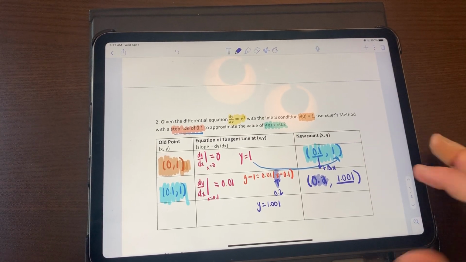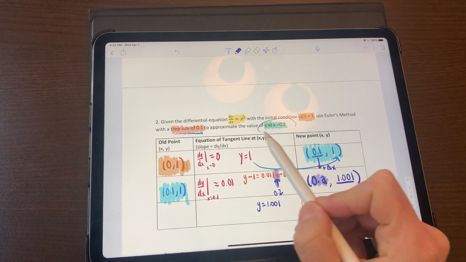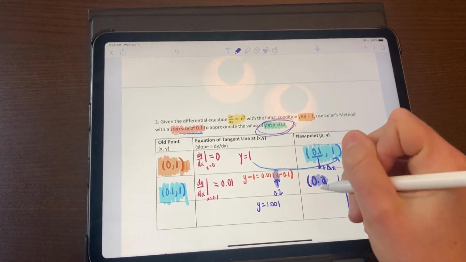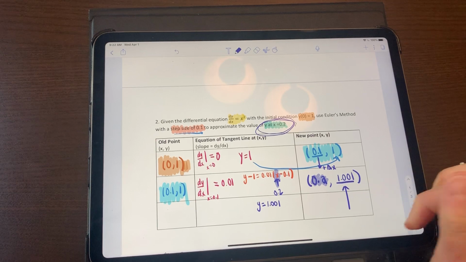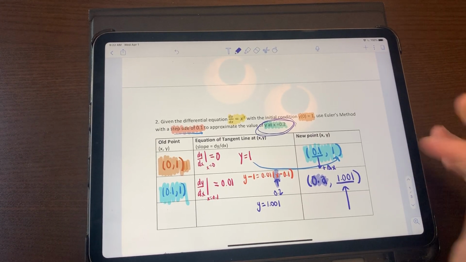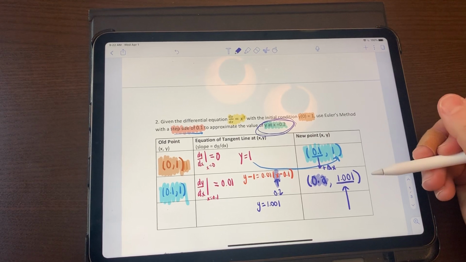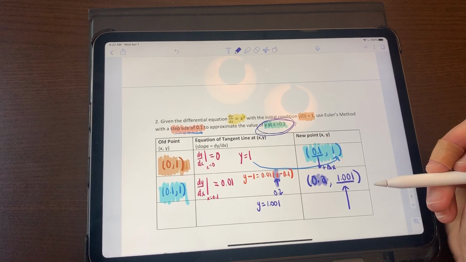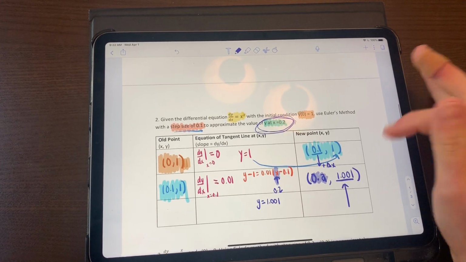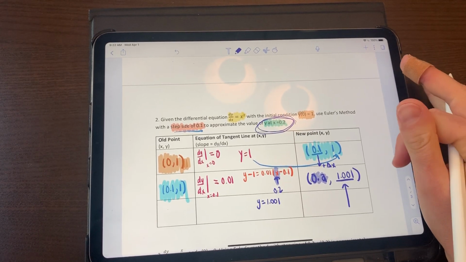Now, before we do another row, remember, we want to approximate the value of y at x equals 0.2. We have x equals 0.2. We have an approximation. We are done. We don't need to keep going. Because we've only done one step, this means that this approximation might not be very good. So the smaller the step size, the more steps you take, the better it is.